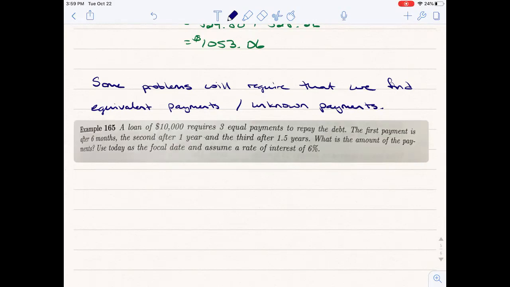Okay. So same deal. We're going to read the blurb and figure out how many dates we're talking about. We've got the first payment 6 months from today, so we have to have today and 6 months, and then another payment at a year, and a last payment at 1.5 years. So we've got 4 dates that we have to deal with.